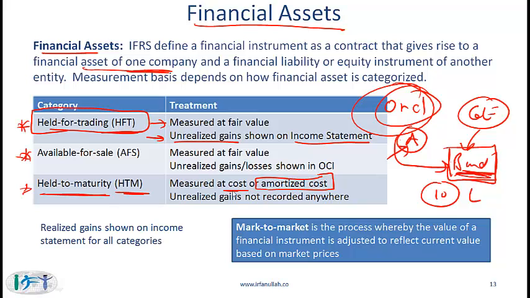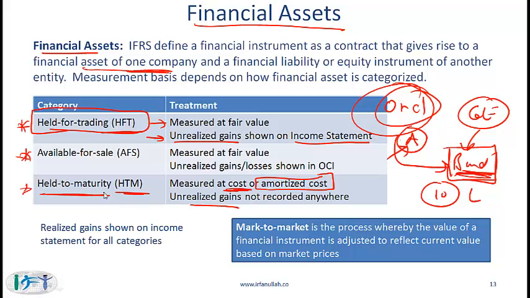At this stage, for simplicity, we will say that the bond is shown at cost on the balance sheet. In other words, if the market price of the bond changes, we do not reflect any market price changes or fair value changes on the balance sheet. Unrealized gains are not recorded anywhere.